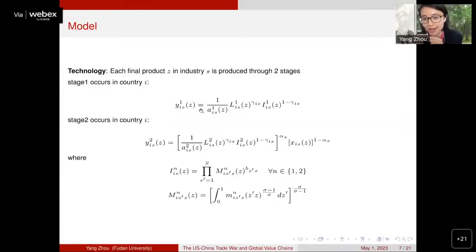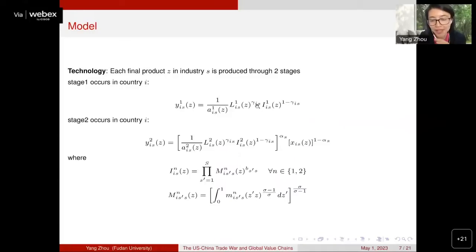The production process needs a labor input, which is stage specific, with superscripts standing for stage, country, and industry. Then there are the composite intermediate goods I, which share the same format as the utility function. And this A I S 1 Z is a unit factor requirement, which captures the total factor productivity of the technology in stage 1.